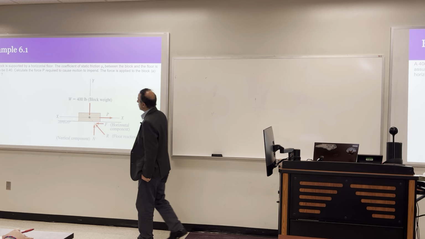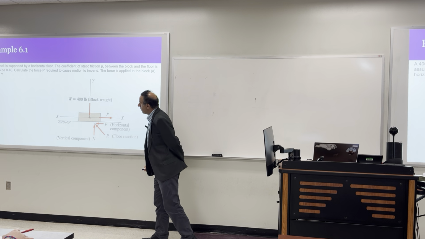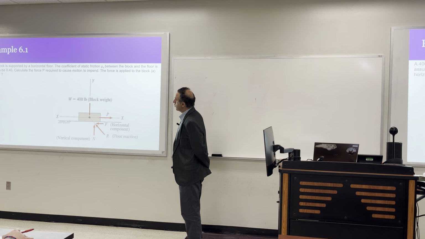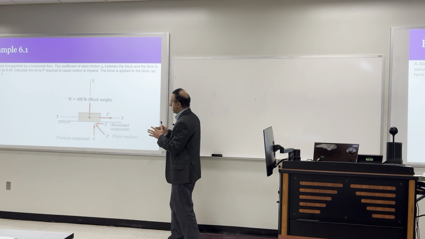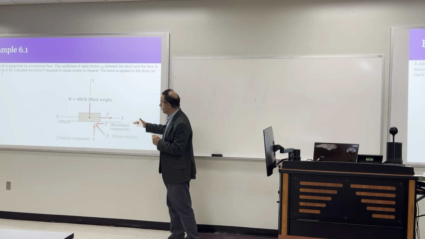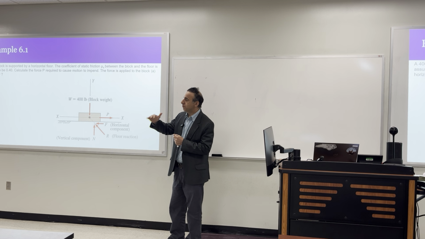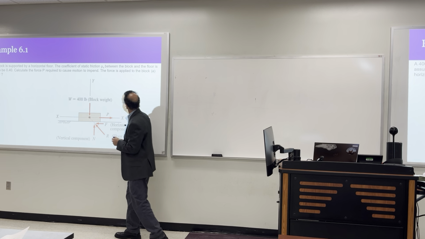The coefficient of static friction mu s between block and floor is 0.4. Calculate the force P to cause motion to impend. That means you need to use the maximum friction force in this problem.